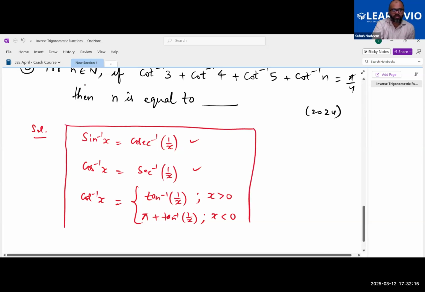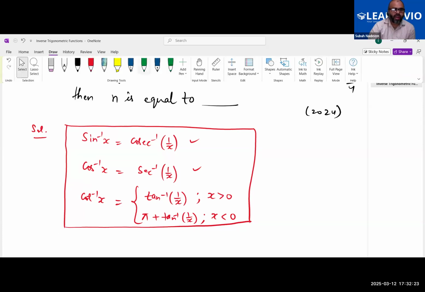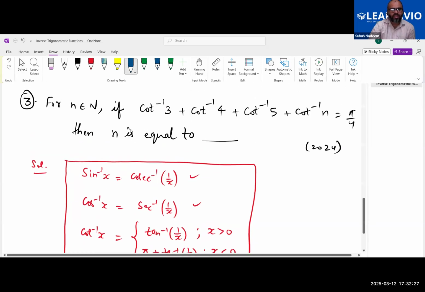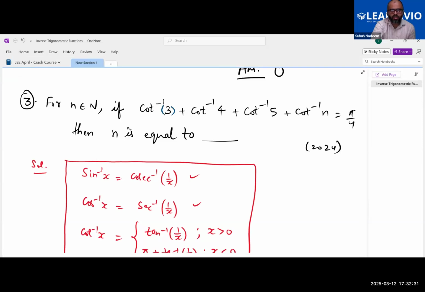Now the formula which we have to apply is, as I'm saying, first of all, change cot inverse into tan inverse. So if we do that, the question can be written as: since you can see that cot inverse 3 is there, 3 is a positive number, 4 is a positive number, 5 is a positive number, n is also a natural number, a positive number.